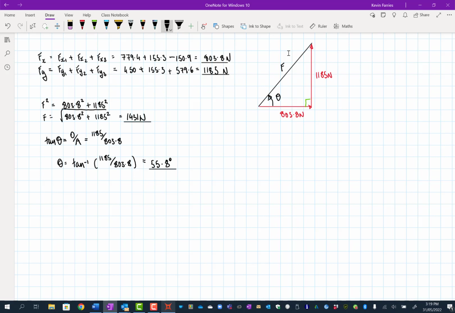The resultant force has a magnitude of 1431 newtons at 55.8 degrees above horizontal. And just to cover my bases, to the right.